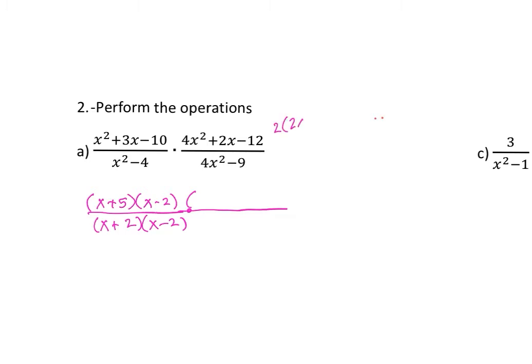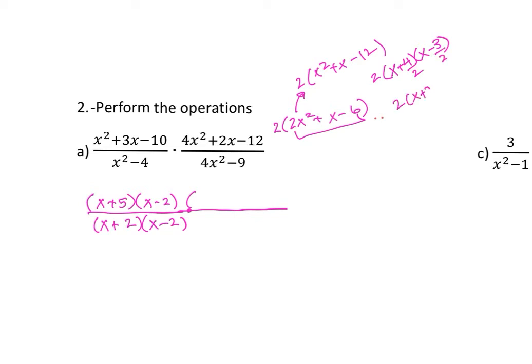Then we end up with 2 times x squared plus x minus 6. Take the 2, multiply the 6. That gives me x squared plus x minus 12, which would be x plus 4, x minus 3. We need to go and divide by 2, reduce: x plus 2, 2x minus 3.